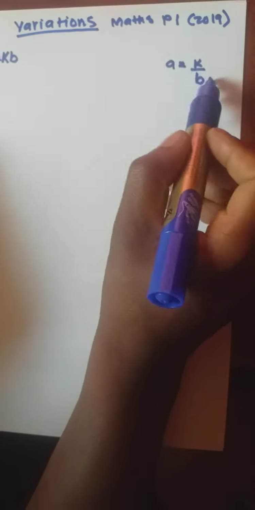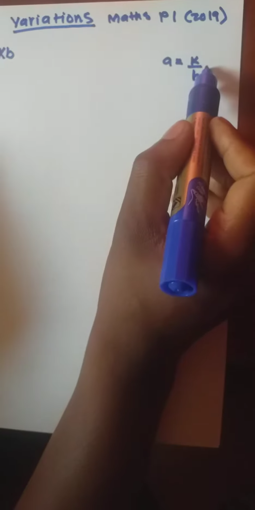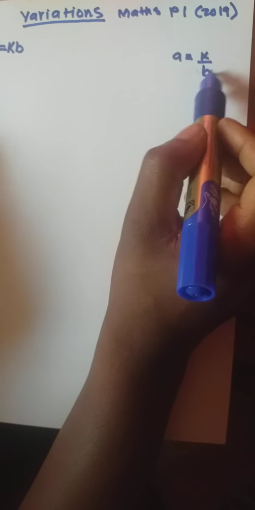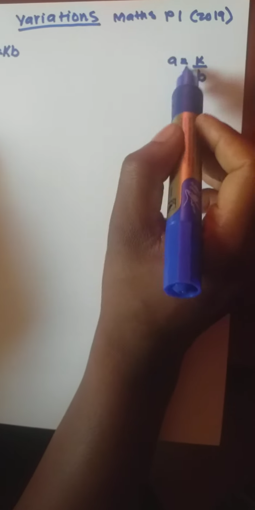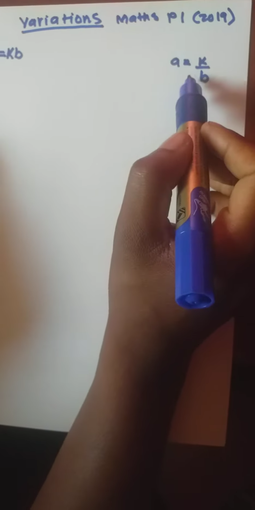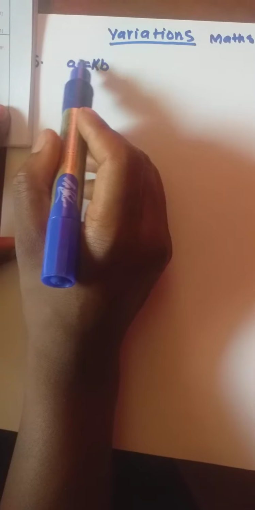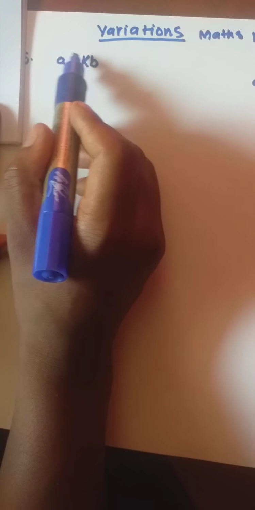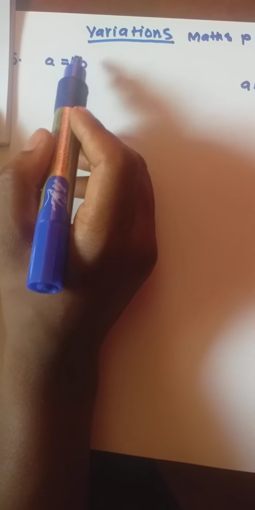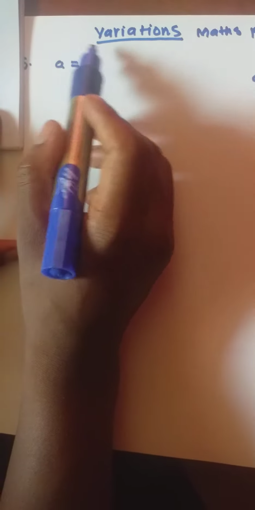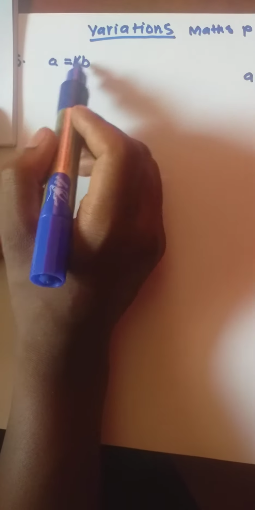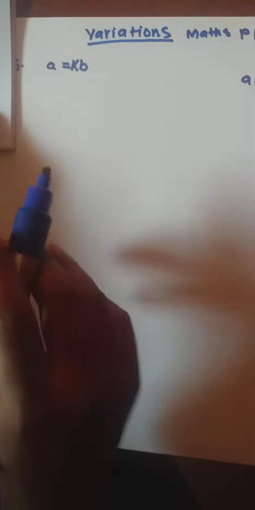A instead is equal to the constant K over B. So A is inversely related to B. But in our question it says A varies directly as B. If it's direct variation, A is equal to B provided the other one is multiplied by a constant K. The constant will always be there whether it's inverse or direct.